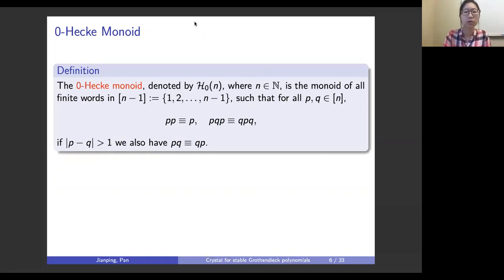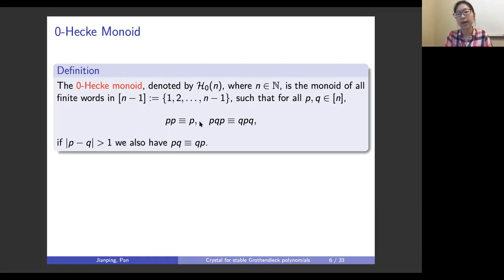In order to define the stable Grothendieck polynomial, I need to introduce some concepts. First, we need to define the 0-Hecke monoid. For the 0-Hecke monoid, we use the notation H_0(n). It's a monoid of all finite words in letters 1 through n minus 1. Their relations are very similar to those of the symmetric group or permutation group.